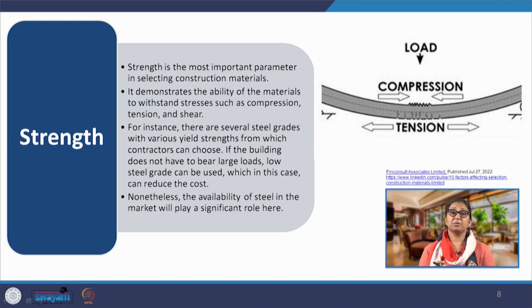For example, if we are making a multi-storied building for residential purpose, it has a different set of requirements, different strength criteria are required. Compare it with that of a bridge. If we are going to have a long bridge which has a long span, the two structures have different requirements for their strength purposes.